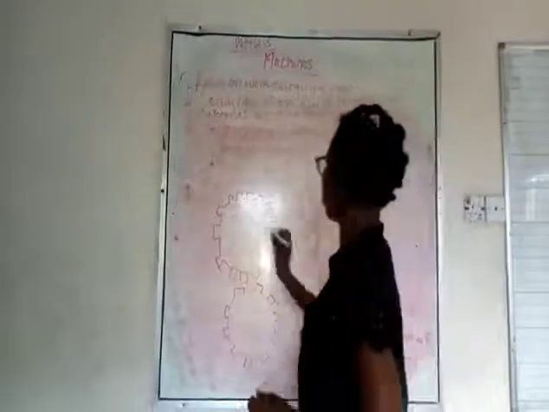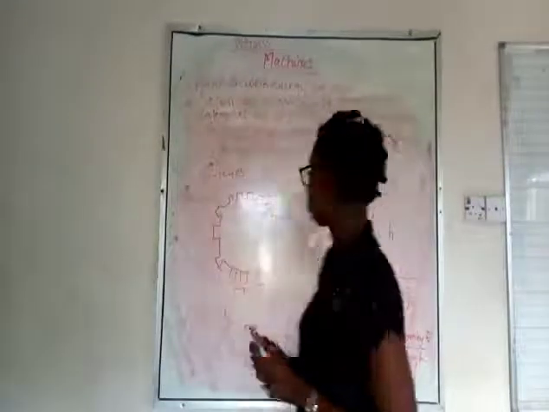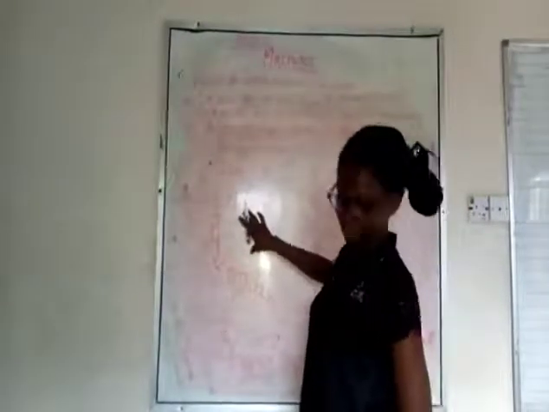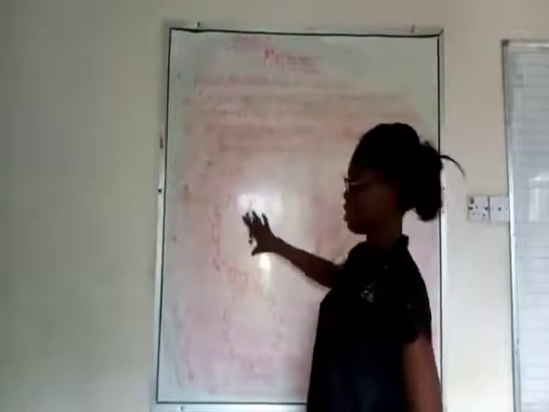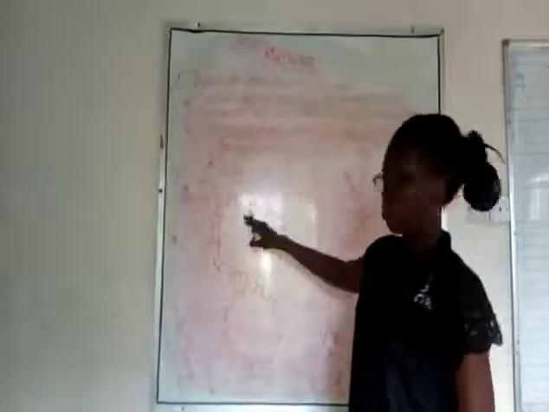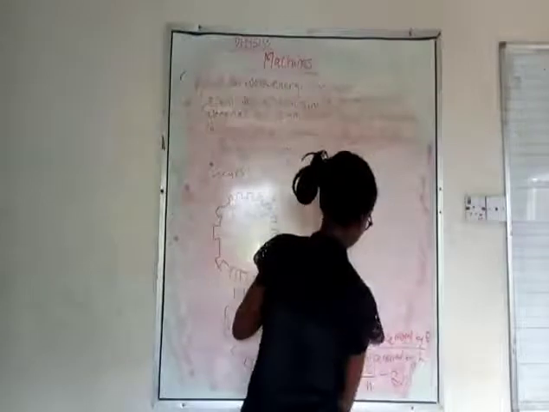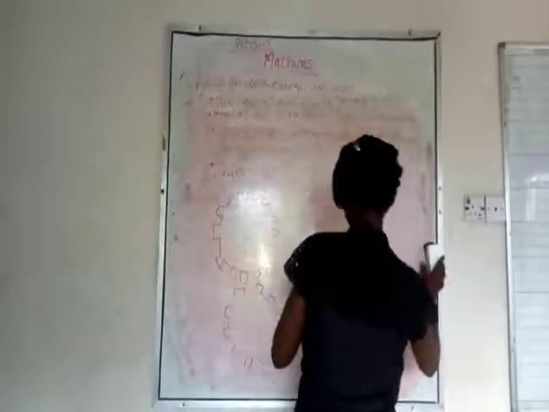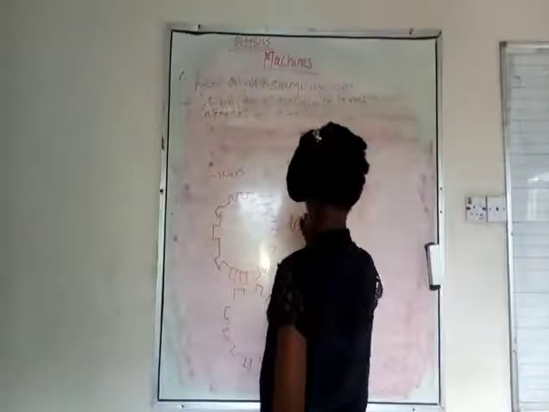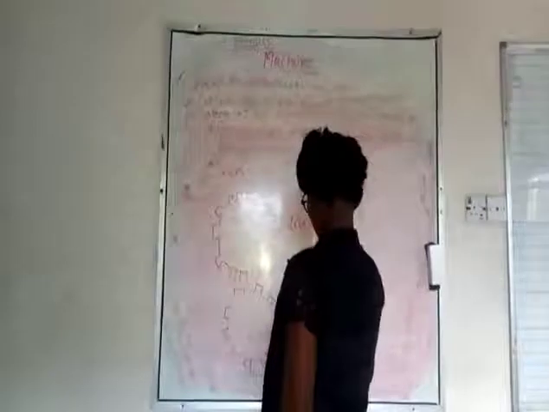Okay, for your gears, we're dealing with the gears for now. For your gears, we have the number of teeth. For you to know what your velocity ratio is, actually the ratio of the number of teeth in the driven wheel all over, let me put that down. So let's say this is our driving wheel, driven wheel, and this is our driving wheel.